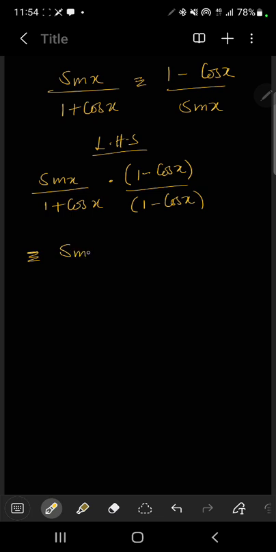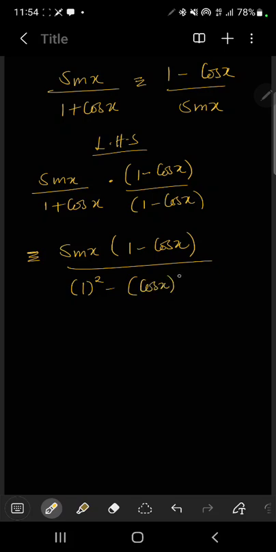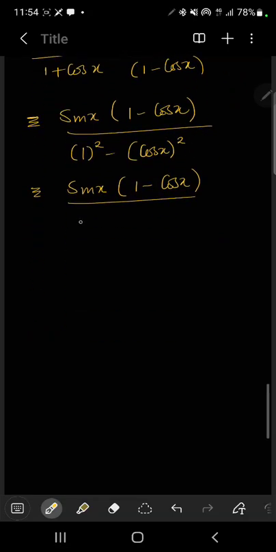So we have sin x times 1 minus cos x over, in the denominator, a difference of two squares, because 1 plus cos x times 1 minus cos x is the same as 1 squared minus cos x squared, which gives sin x times 1 minus cos x over 1 minus cos squared x.